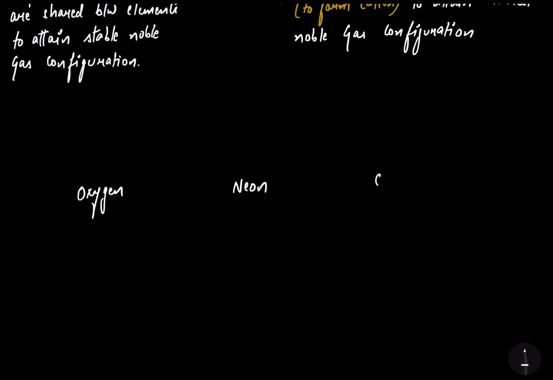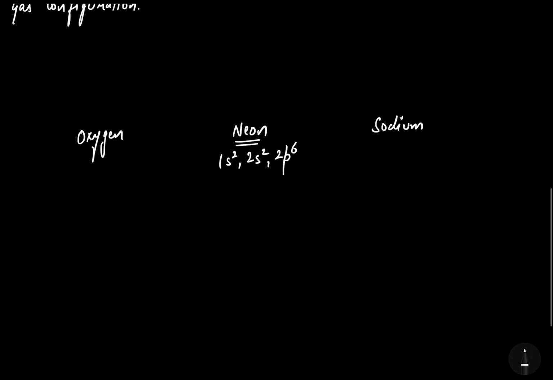For sodium also, the nearest noble gas is again neon. So what's the electronic configuration of neon? It's complete 1s2, 2s2, 2p6.